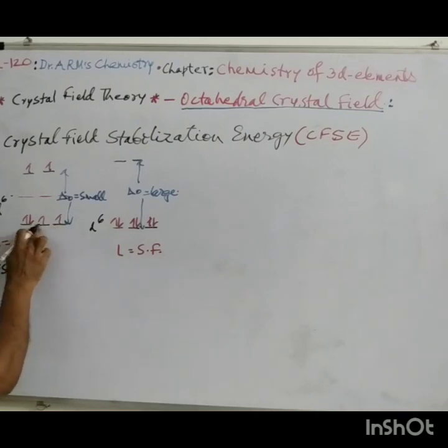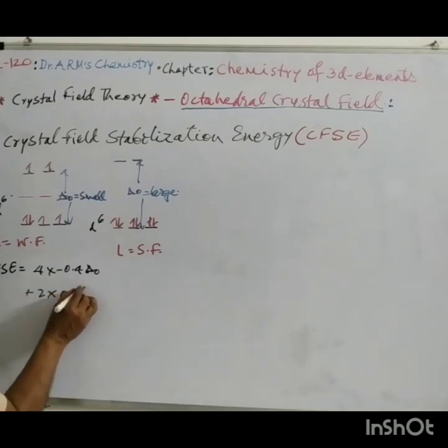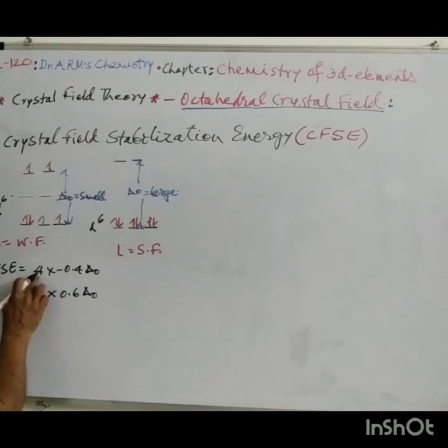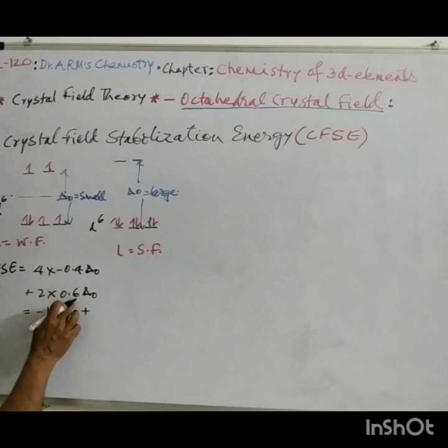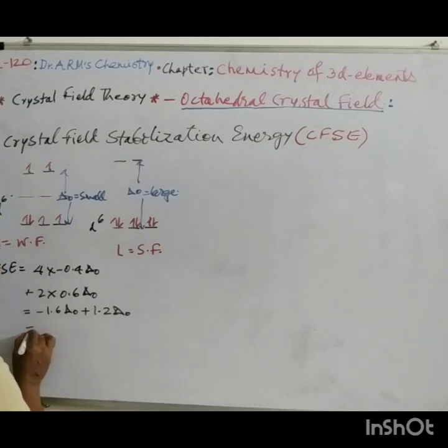Here how many electrons are there? 4 into minus 0.4 delta O, and there are 2 electrons, so plus 2 into 0.6 delta O. So 4 into minus 0.4 means minus 1.6 delta O, plus 2 into 0.6 means 1.2 delta O. So this gives us minus 0.4 delta O, that is the CFSE.